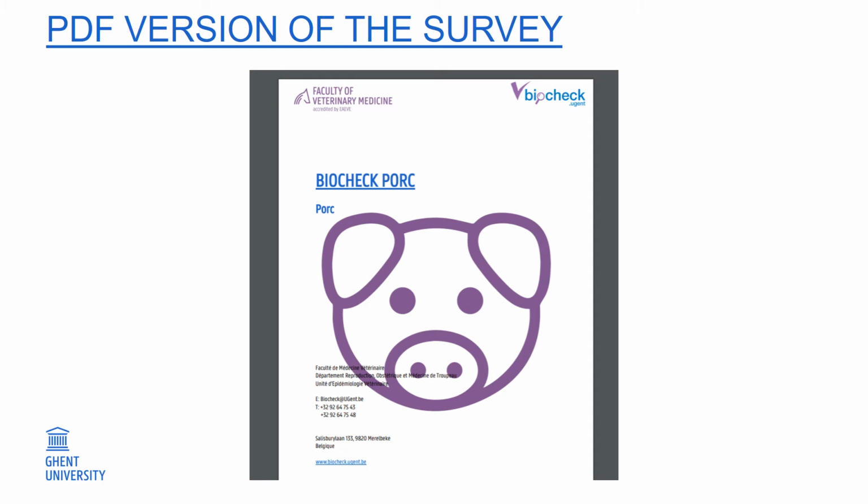If you've clicked on the PDF version, this is what you will get: your PDF creator will be opened, Adobe for instance, and now you will get a document which is downloadable, which is printable, which can be used for whatever situation you want to make use of it.